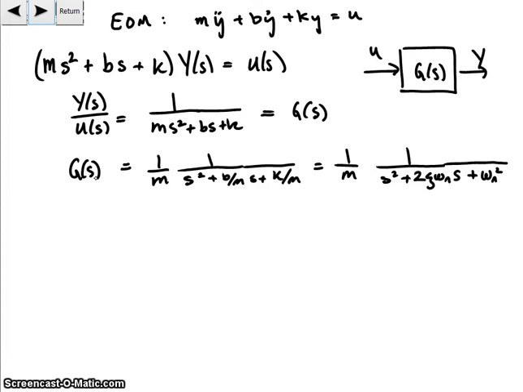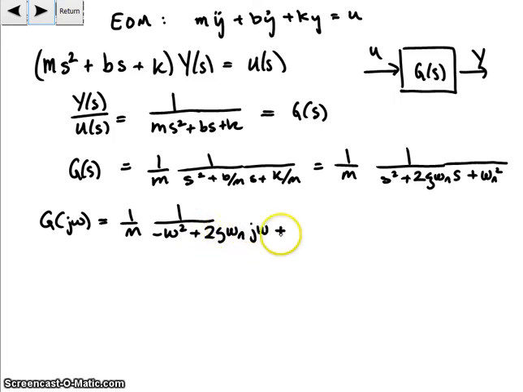Now, remember frequency response, we have g of j omega. I plug in s equals j omega, and when I do that, I get 1 over m times 1 over, when I square j omega, I get minus omega squared plus 2 zeta omega n times j omega plus omega n squared. Now I'm going to do a little bit of rearranging.